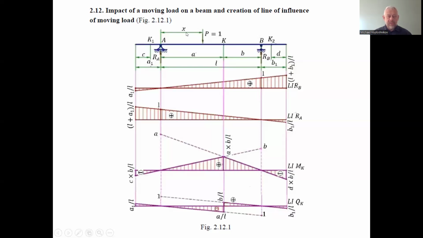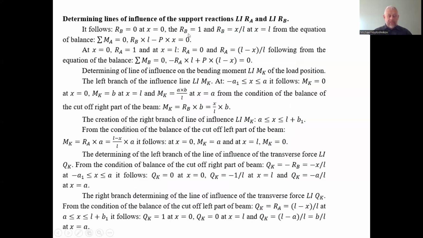This variable can move to another point, so we assume x as a variable. We have the balance equation with one unknown, and we can see that the reaction RB depends on this variable linearly. RB is equal to x divided by L.